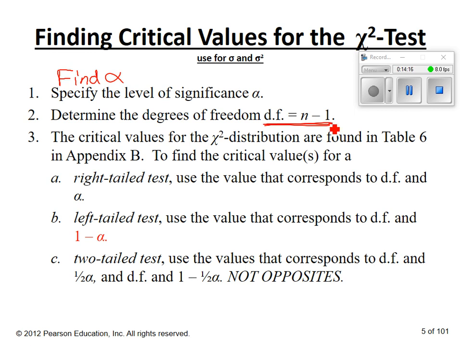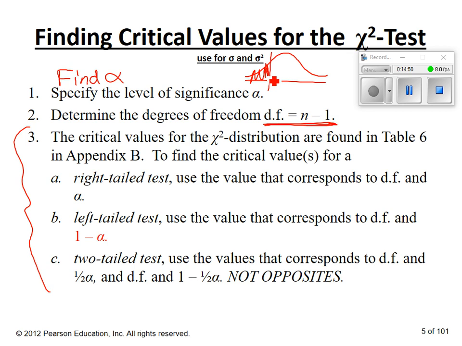Then what makes this a little tougher than the others? You've got to do one of these 3. And you've got to remember that on the chi-squared chart, which is table 6, it's in your packet, it is backwards from everything else we do. Because the other charts tell you the area to the left, the chi-squared tells you the area to the right.